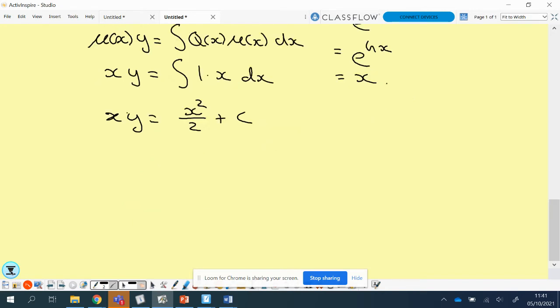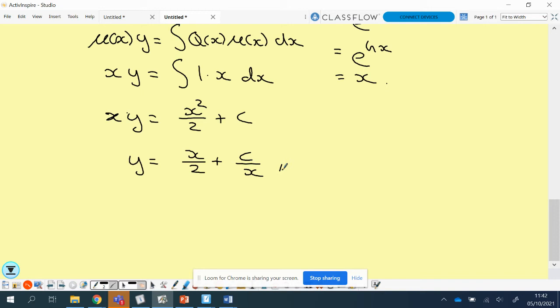To find the equation for y, I divide everything by x and end up with x over 2 plus the constant divided by x. If I had data, I'd be able to find what that constant would have been. But because I don't, it's the general solution, and that function would have solved the equation.